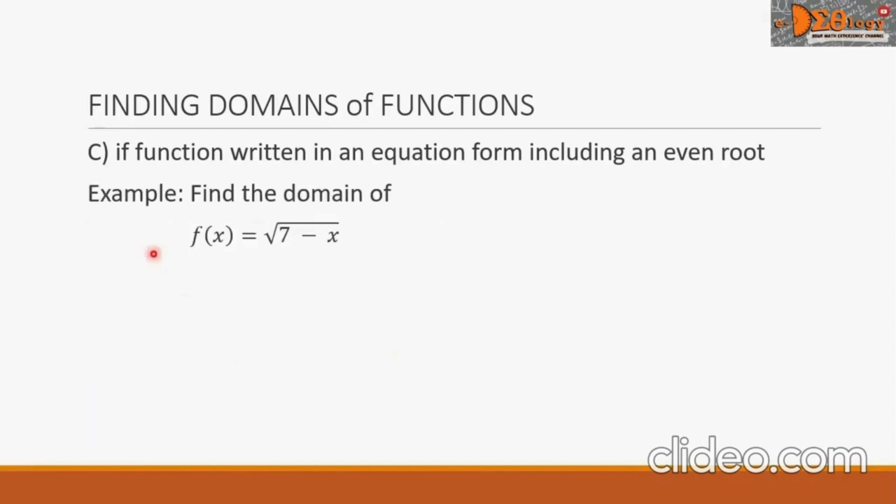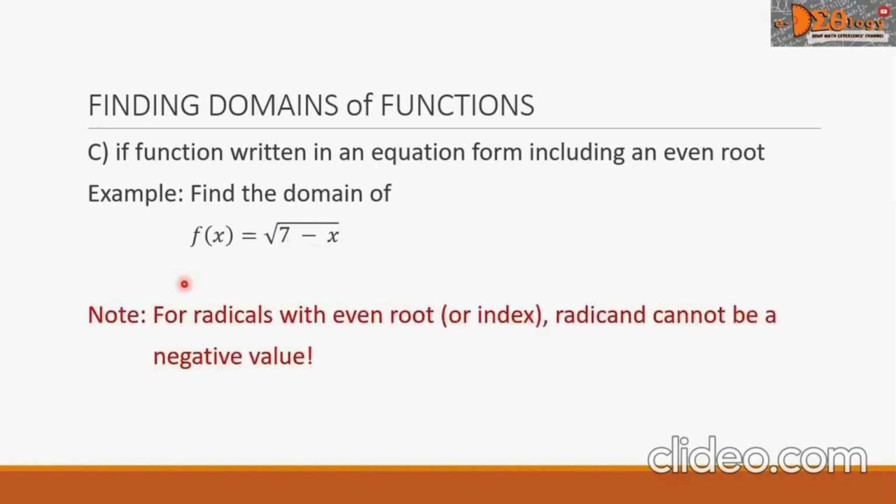Let's have an example. Find the domain of f of x equals the square root of the quantity 7 minus x. Please note that for radicals with even root or index, the radicand cannot be a negative value. Radicand means those terms inside the radical symbol.